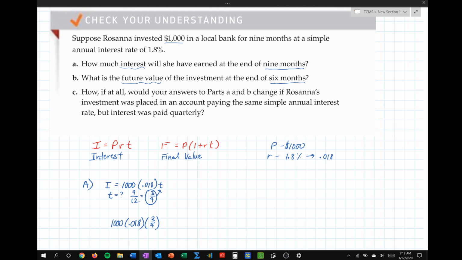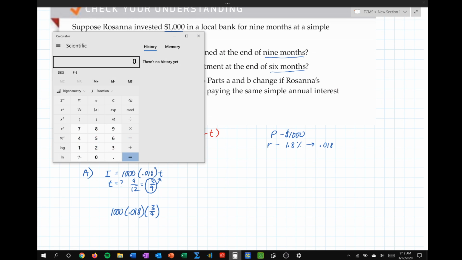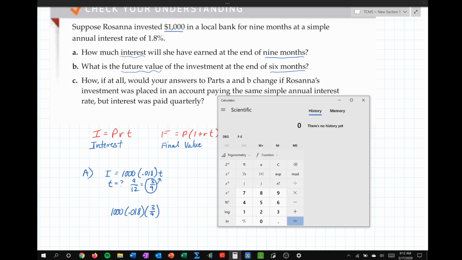That will help us find the interest earned in 9 months at 1.8% on a $1,000 investment. Let me pop out my calculator here. 1,000 times 0.018, and then times our fraction, 3/4.